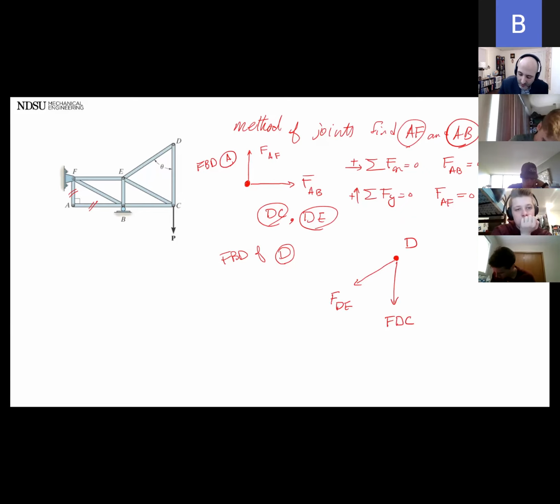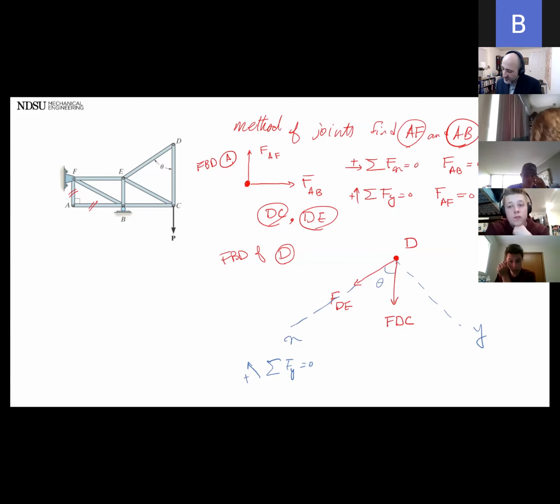Let's see. I'm going to take this one as x-axis, take this one as y. I can rotate my axis however I want, okay? So now summation of forces in y equals 0, y being this way. This angle is theta. So all I have is FDC.